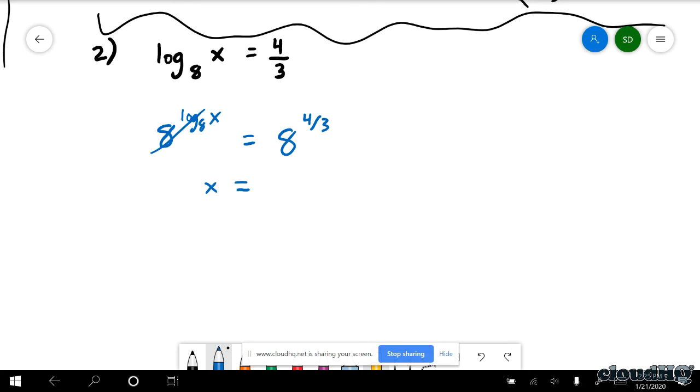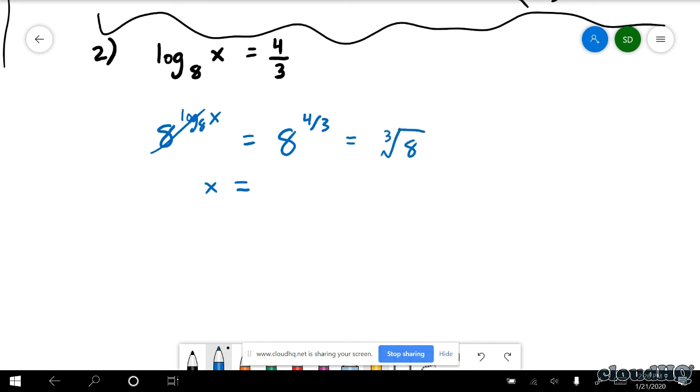Does anybody remember, without using a calculator, what 8 to the 4/3 is? The denominator is a root.